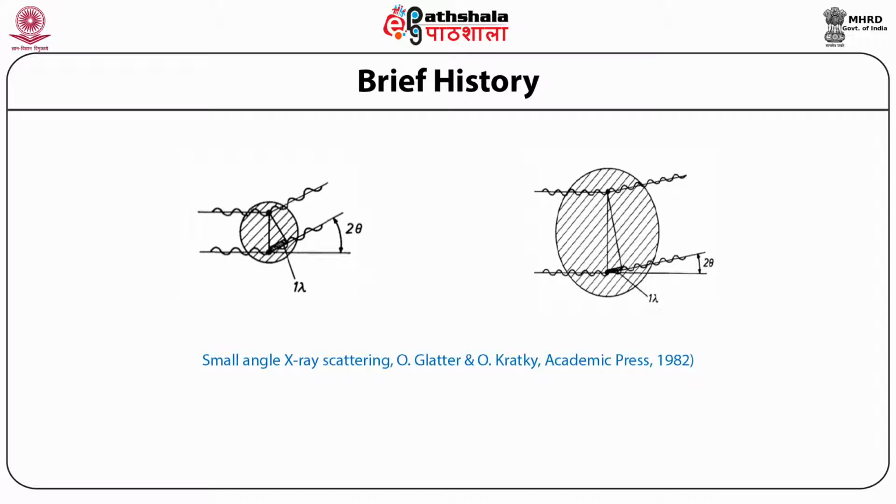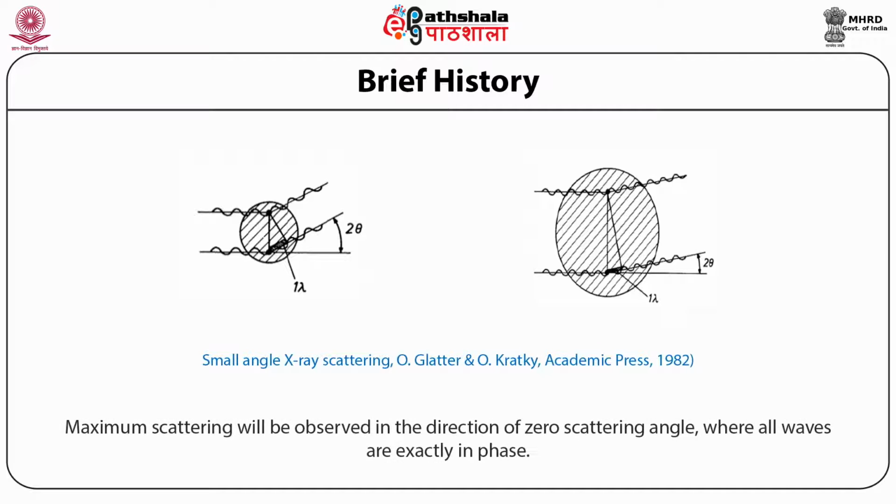If we consider smaller scattering angles, then the phase difference becomes smaller and the waves will begin to reinforce one another. So the maximum scattering will eventually be observed in the direction of zero scattering angle, where all the waves are exactly in phase.